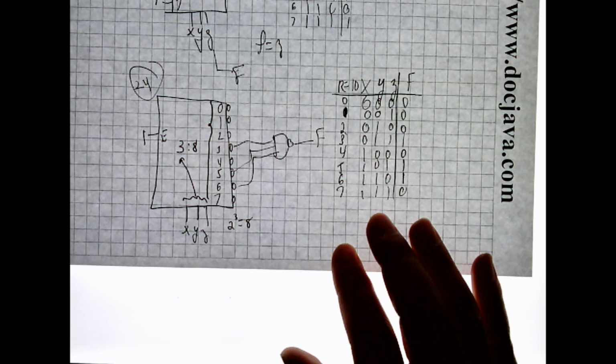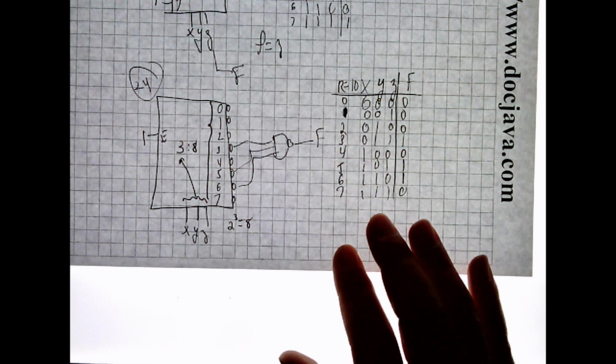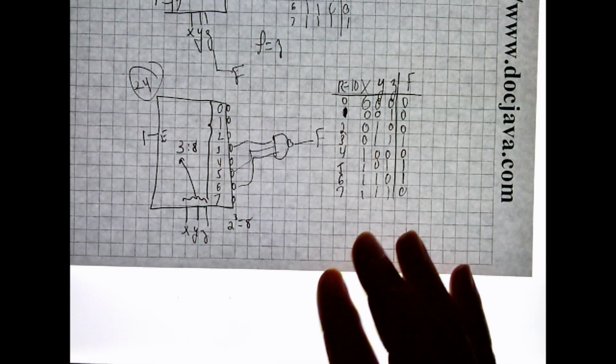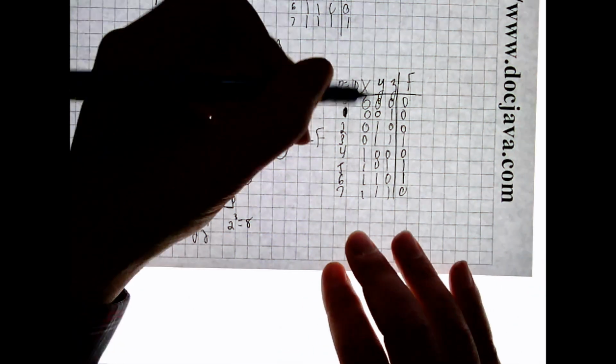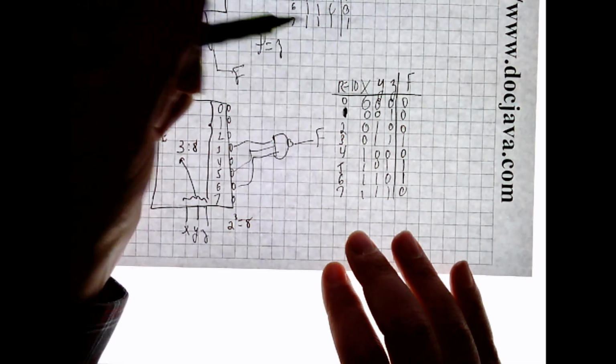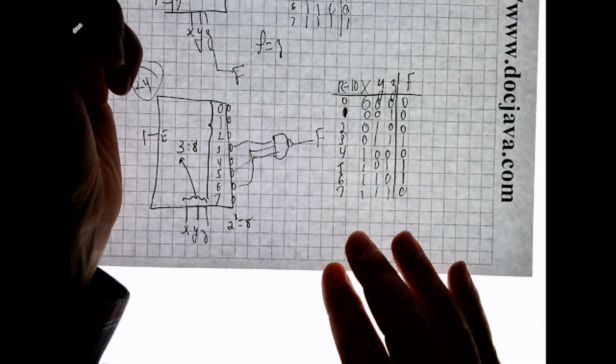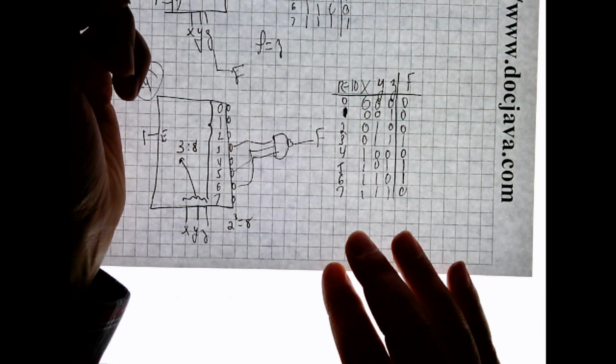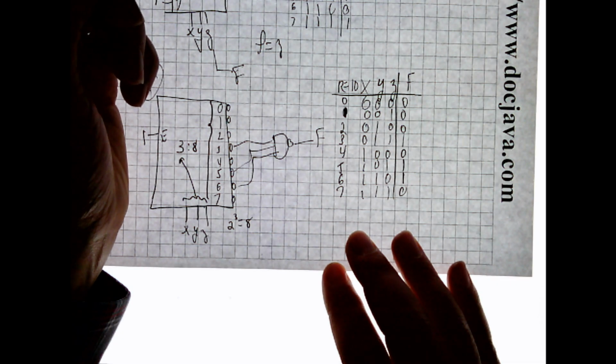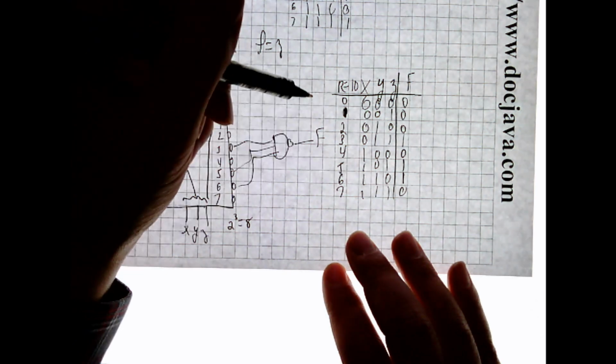Well, let's use a process of elimination. Will f be equal to 1 when all three inputs are logical 0? So here all three inputs are logical 0 and f is not equal to 1, so that's false. Will f be equal... Right. That's correct.